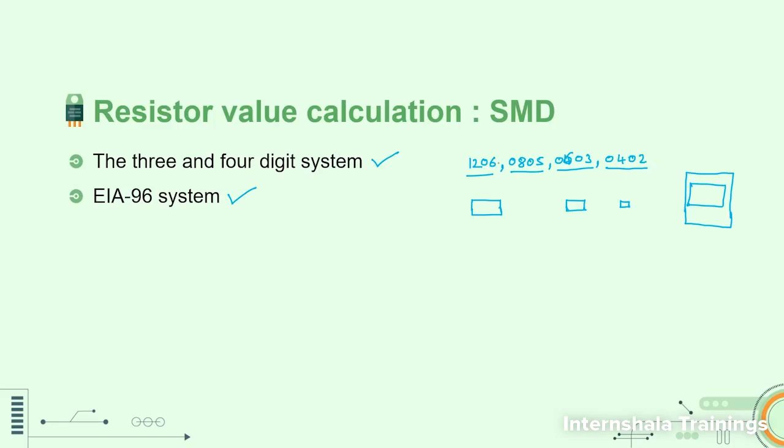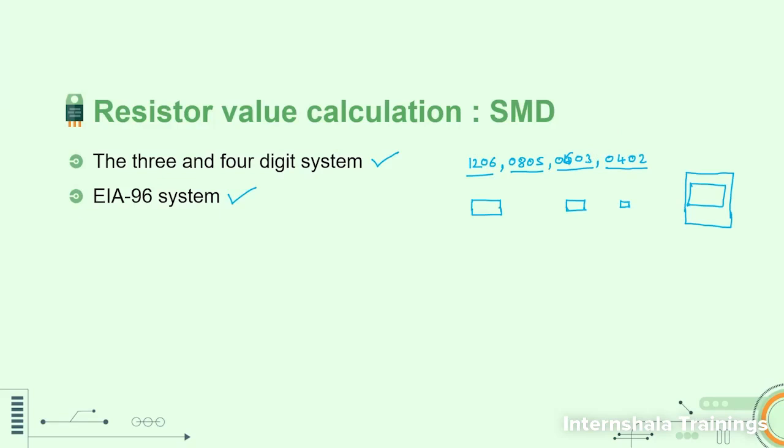So for the 1206 package, 0805 package, and packages greater than 0805, you have to use the 3 and 4 digit system. In case of the 0603 package, you have to use the EIA-96 system, and in case of 0402 packages, you just have to use the multimeter to measure the value of the resistor. I hope that it's clear now.